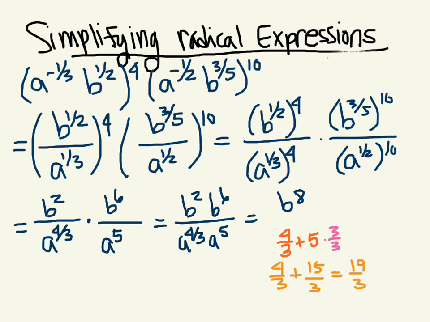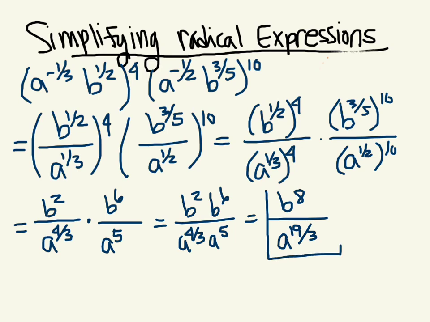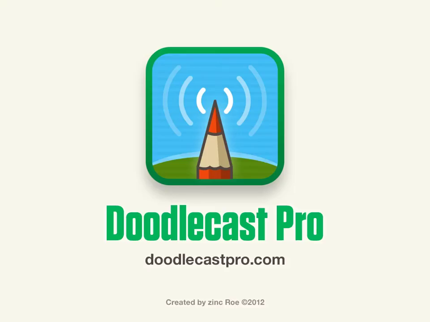So that is going to be 19/3, which ultimately leaves us with b to the 8 over a to the 19/3. And this can't be simplified any further, so I'm done.